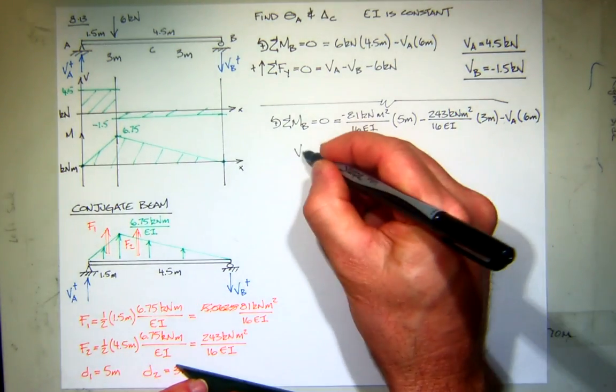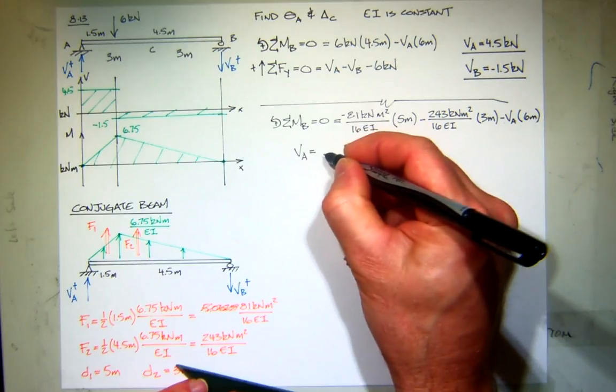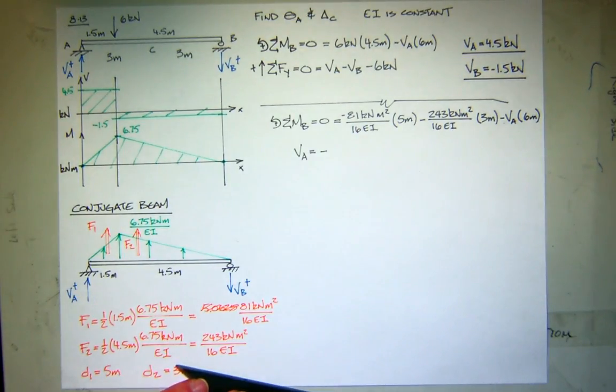So what is the shear at A? I think it's going to come out negative. This is the point in the video where it gets really quiet for a while while you guys calculate.